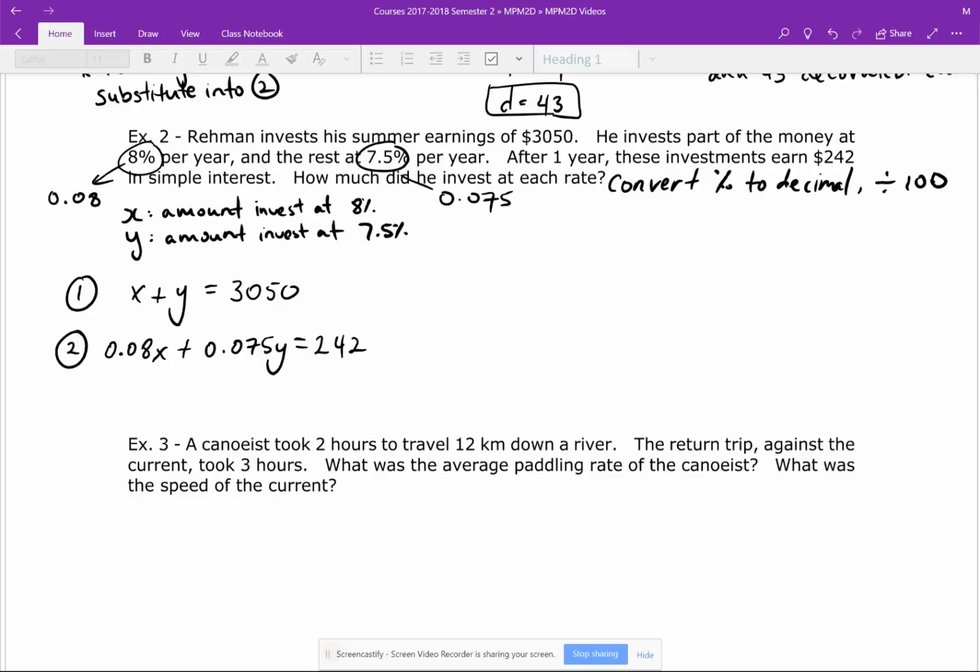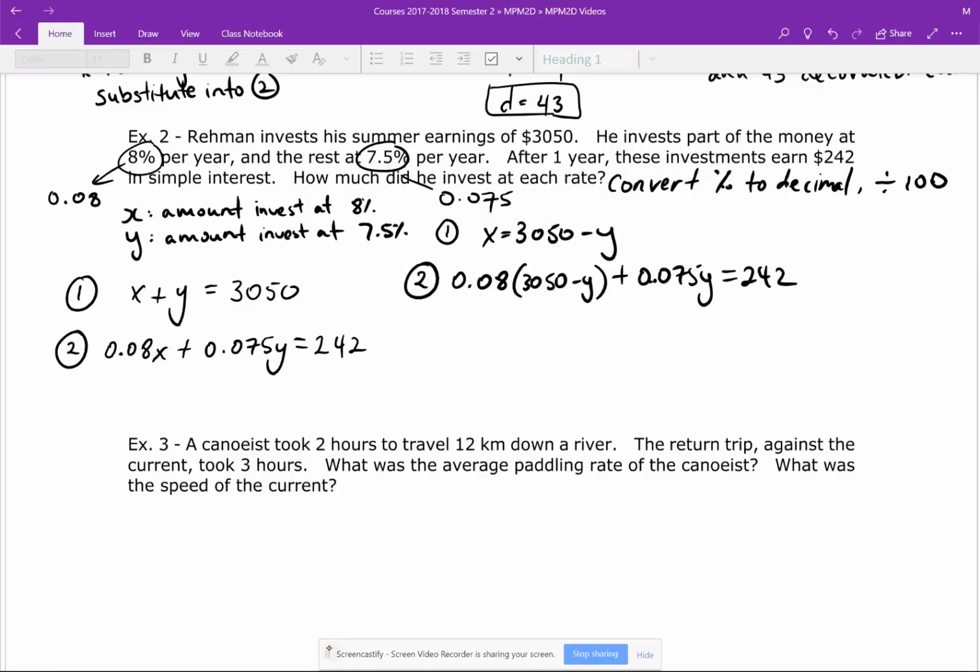So when I do substitution, I'm going to isolate equation number one first, okay? So according to equation number one, if I isolate, let's pick x, I'm going to say x equals 3050 minus y. And I'm going to substitute that into equation number two. So equation number two, I'm going to have 0.08x, and x is going to be replaced with 3050 minus y, plus 0.075y equals 242.